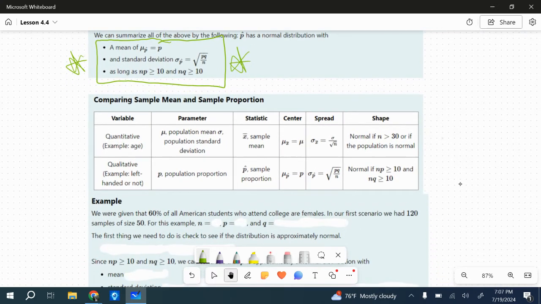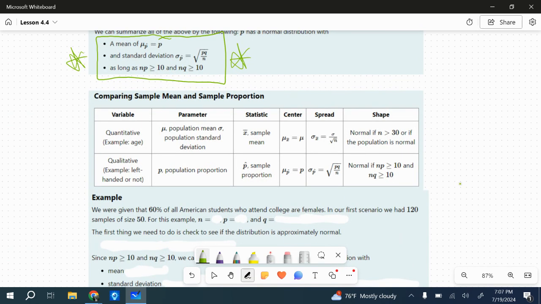Also, this is the next thing that shows up in those notes. It compares the sample means to the sample proportions. The biggest difference is that sample means are quantitative and sample proportions are qualitative. Then we have how we find our centers, which are our means: the mean equals the mean, and the mean equals the proportion.